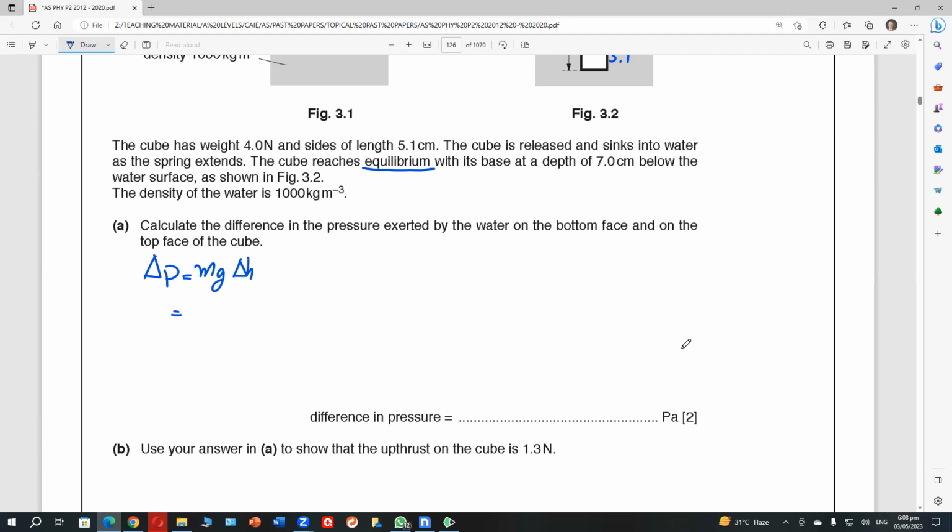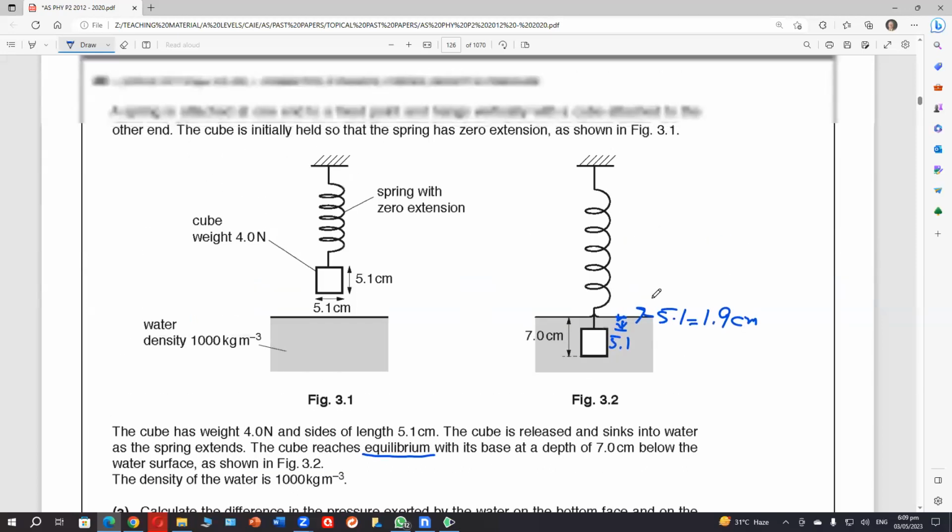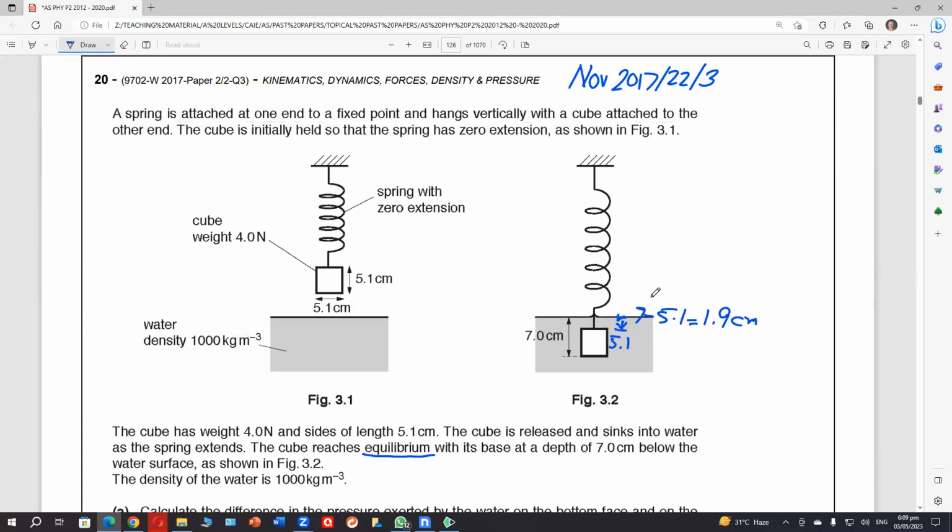He has given us the weight 4, so I can replace this by 4. The height difference would be simply 5.1. Why am I taking 5.1? Because the distance from the top to the bottom is 5.1.